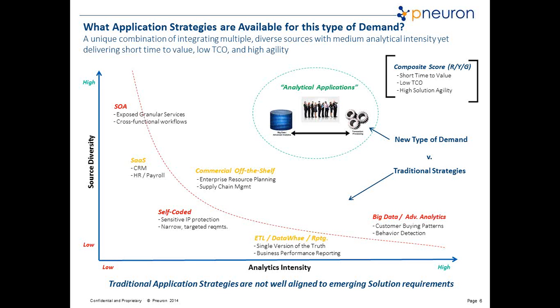So that characteristic is a very hard one to solve for given these traditional approaches. And it's crucial, when you think about your demand, to profile that demand and apply the appropriate solution strategy that is going to be successful for your business.